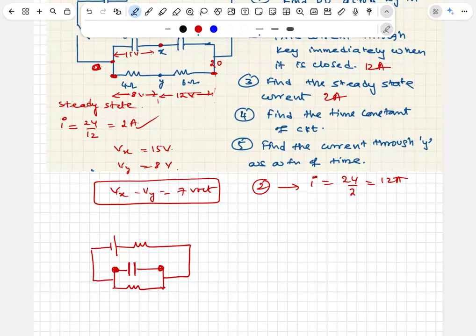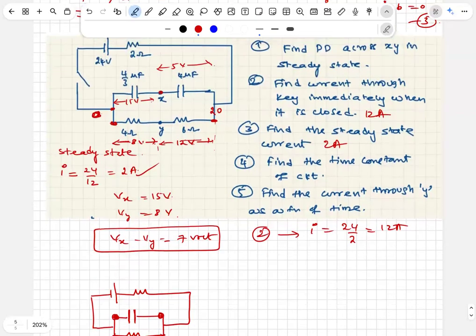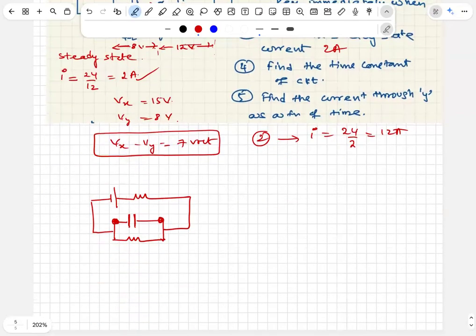The 10 and 2 are in parallel, so the effective resistance is 10 into 2 by 12, 5 by 3 ohms. Yes, this is a 2 ohm, this is a 10 ohm. So across these 2 points, what is the effective resistance?